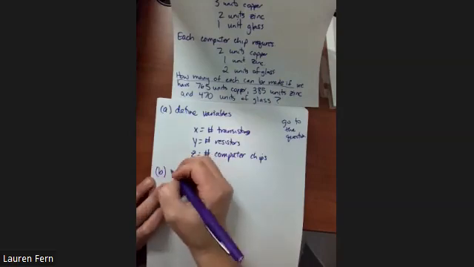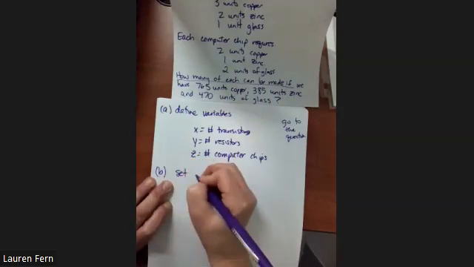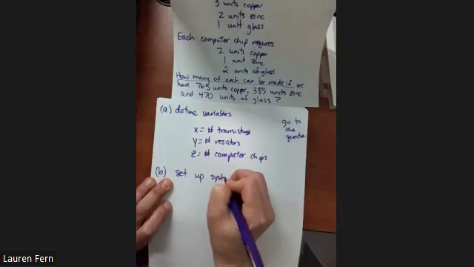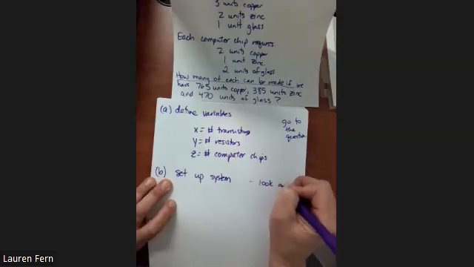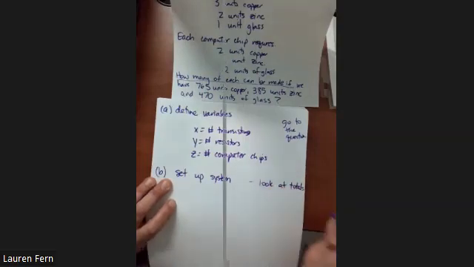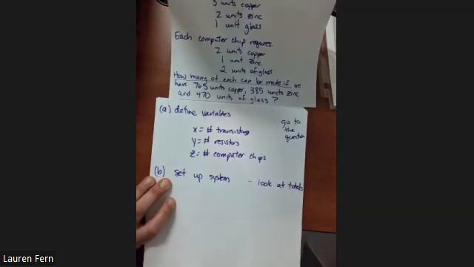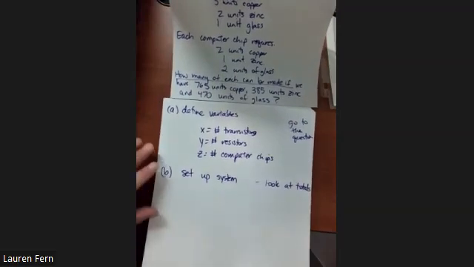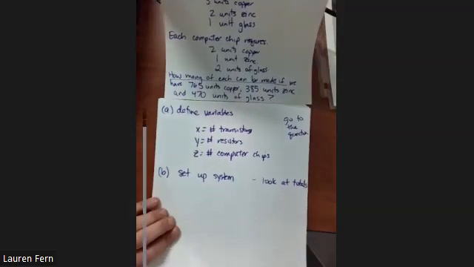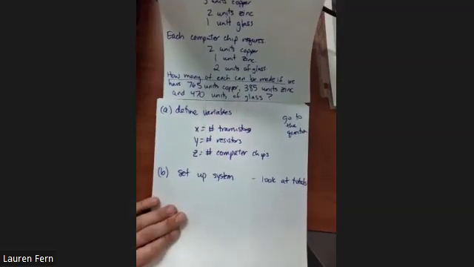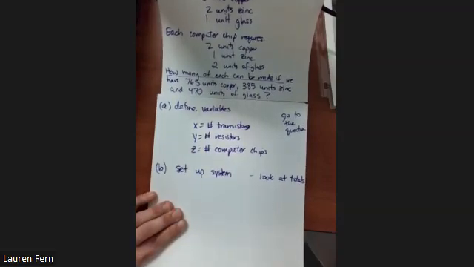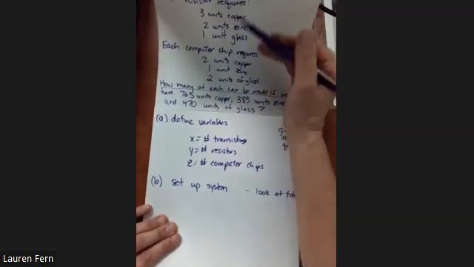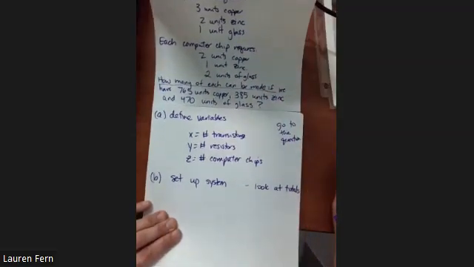All right. Next, what we want to do is set up our system. My hint for setting up your system is look at the totals. That'll tell you what each equation should be about. Well, what totals are we given? In other words, what are we limited by? We can't just make 1 million of each of these things because we're limited by the amount of the ingredients we have.